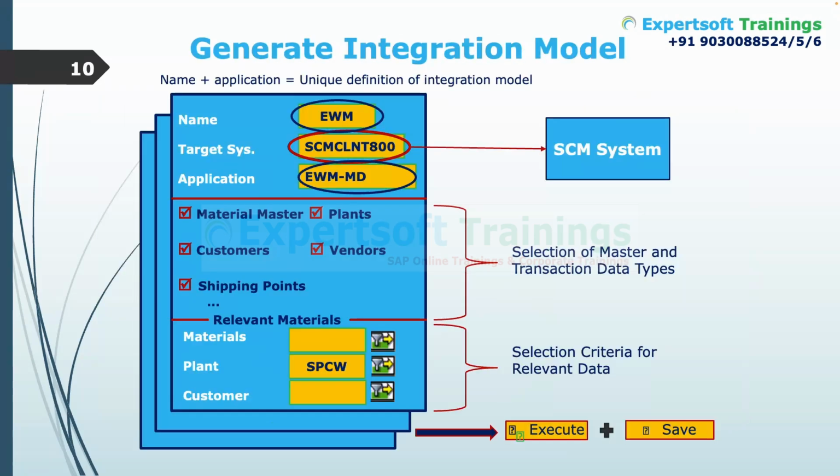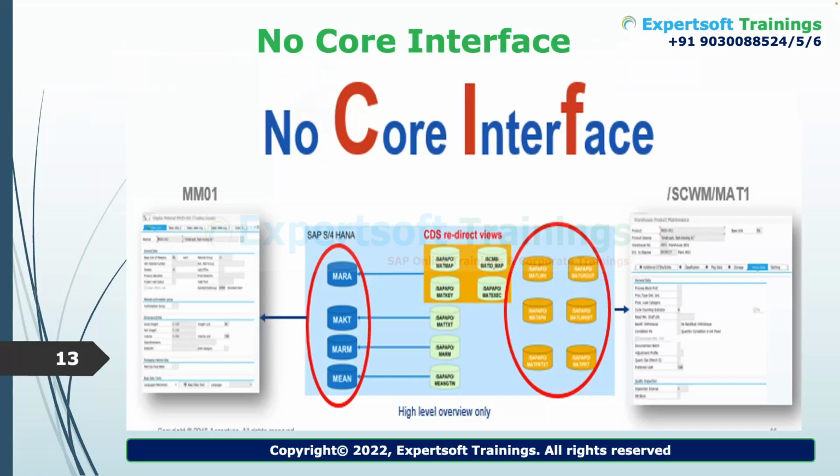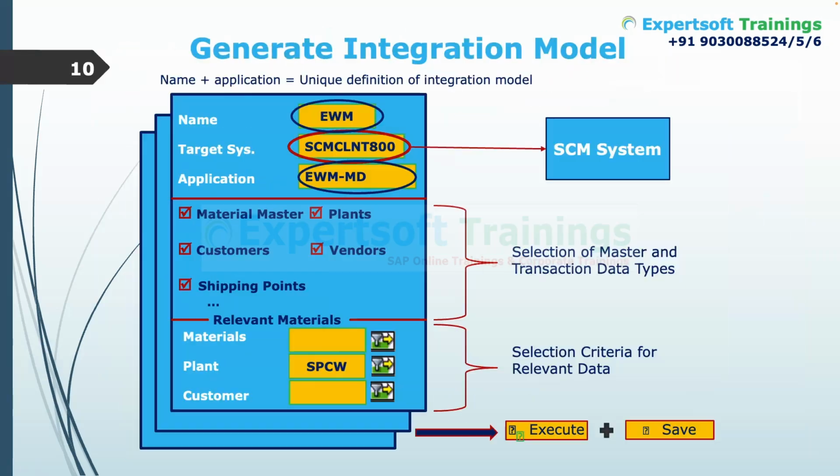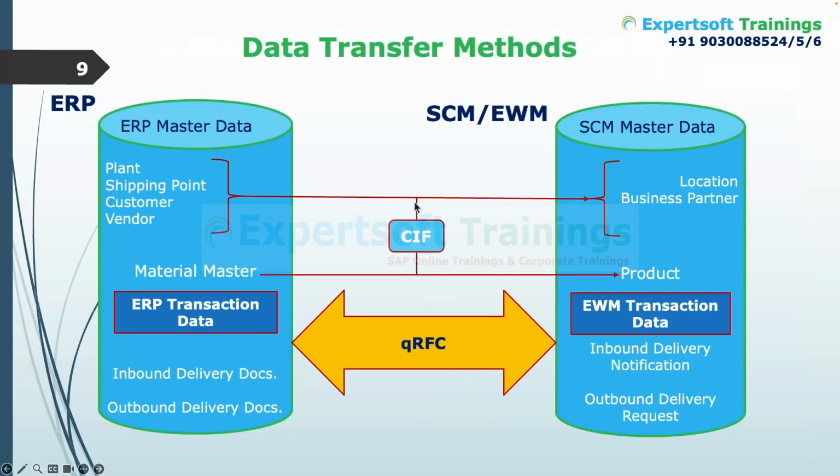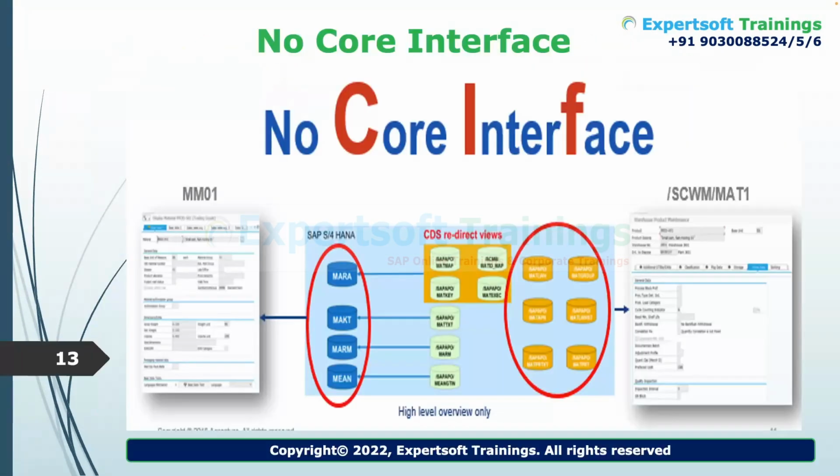Now, coming back to the S4 HANA embedded system, you don't have this core interface we discussed. We don't have this particular functionality. Why? Because in S4 HANA, as you know, there are some changes in your master data, and some new features have been added, like the embedded system.